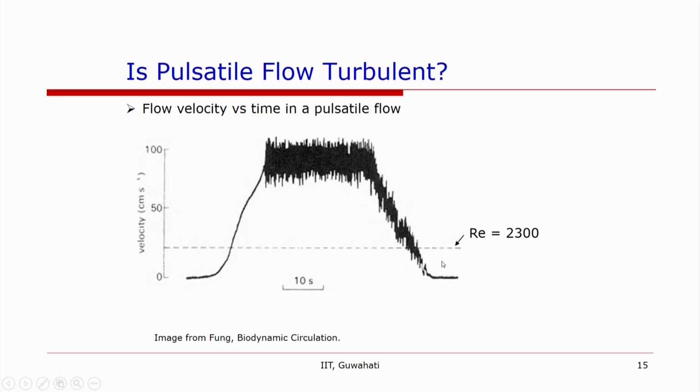Similarly, if you look at this end where the flow is decelerating, the flow velocity decreases. The turbulent eddies have to die down, and they do not die down then and there. It takes some time for the turbulent eddies to die down. So the flow remains turbulent well below Reynolds number 2300 and then slowly dies down. This is one important conclusion in terms of turbulence in pulsatile flows.